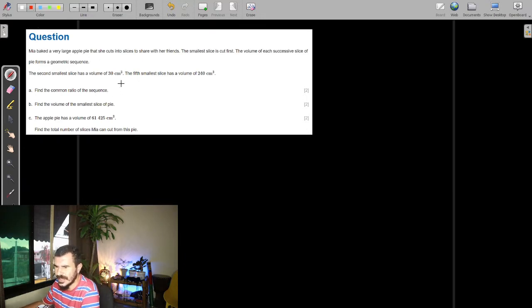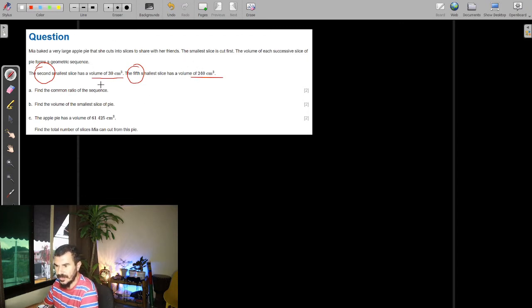Now let's note the most important parts of the question. It says the second smallest slice has volume of 30, and the other important information is that the fifth smallest slice has 240.